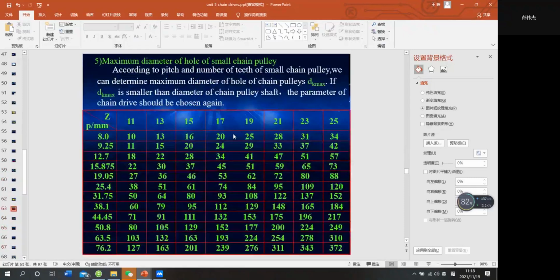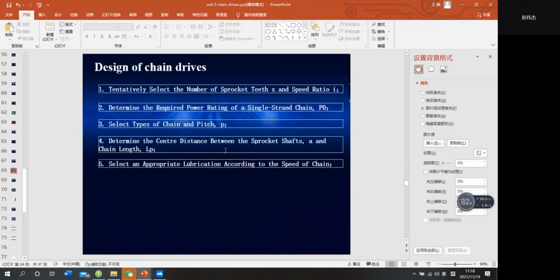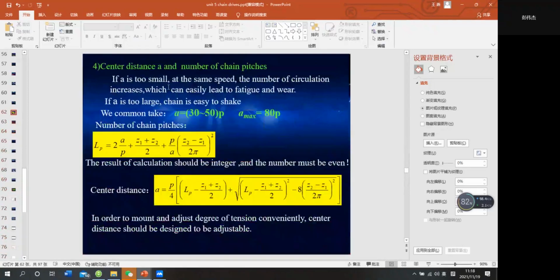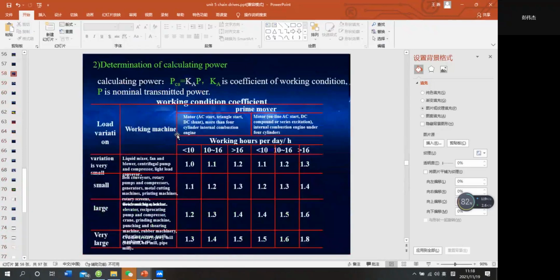And in our test for this chapter, you needn't design, and you should master the basic conceptions of chain drive.